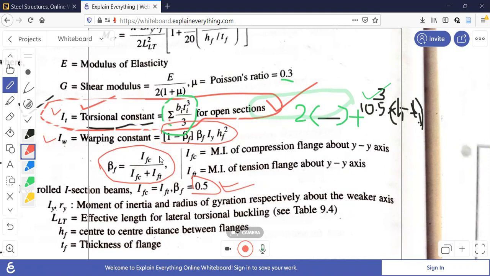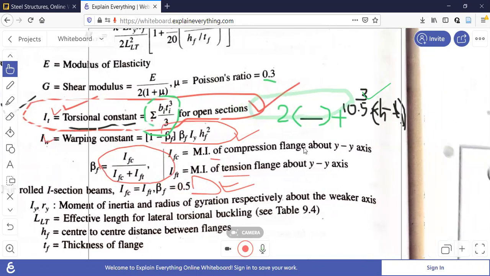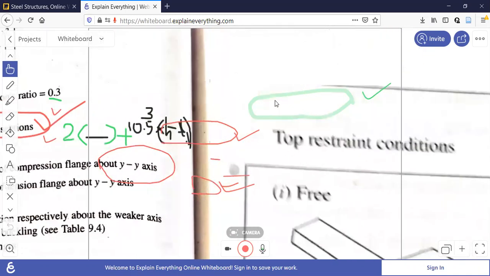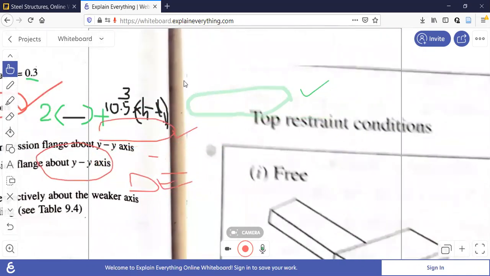It means even if you don't mention IFC and IFT, if you directly substitute only 0.5 in this equation, it is no problem. For an I section, you don't need to write all these things in the problem. You can simply say beta f is 0.5 because of I section. That's all. So this is how you need to understand this third method, which is a little bit elaborate, not as simple as the one which we have tried already.